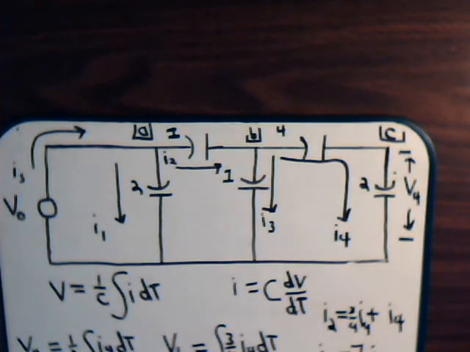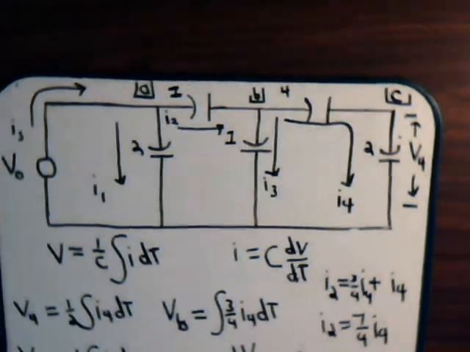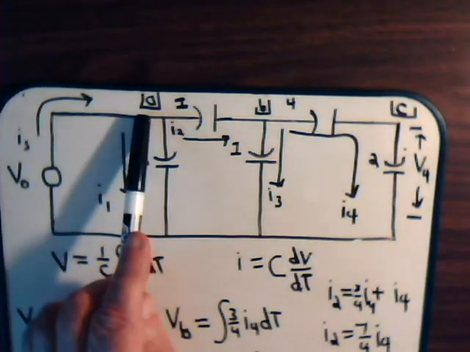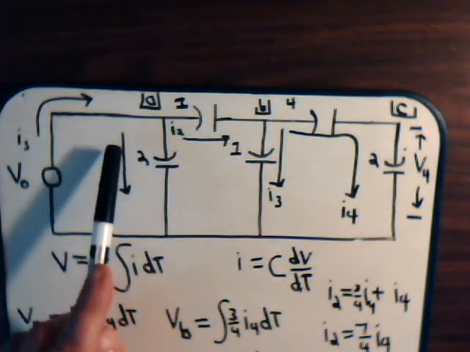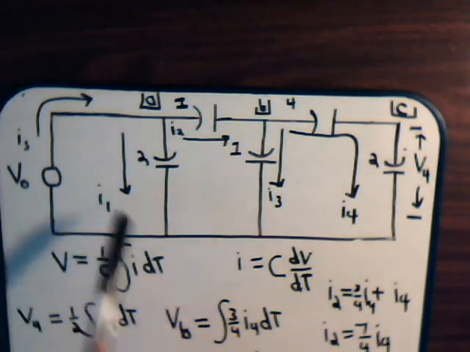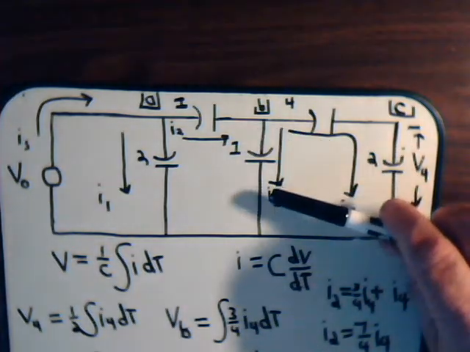We have a general equation for it. Now, what about this voltage here? Because if we knew what this was, then we could probably get a general expression for I1, just like we did for I3.